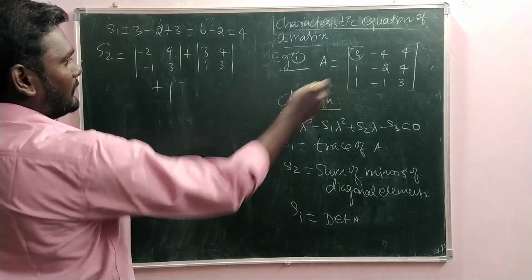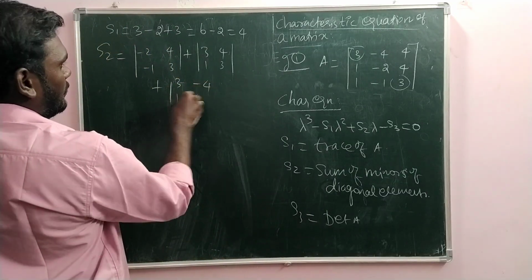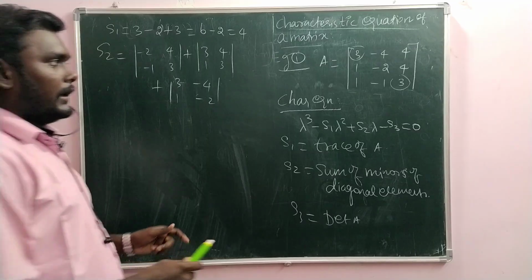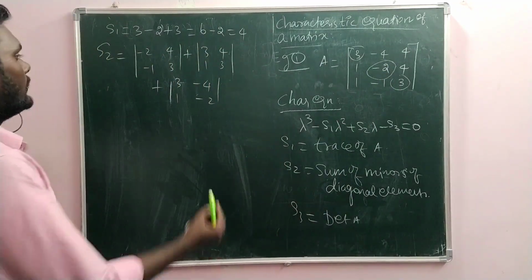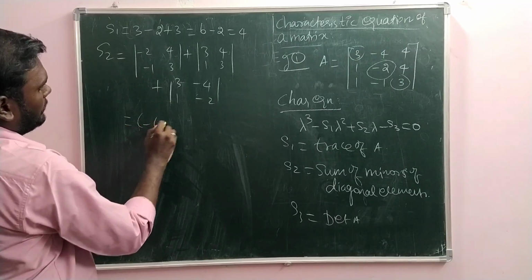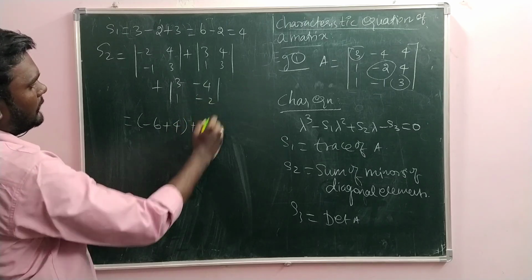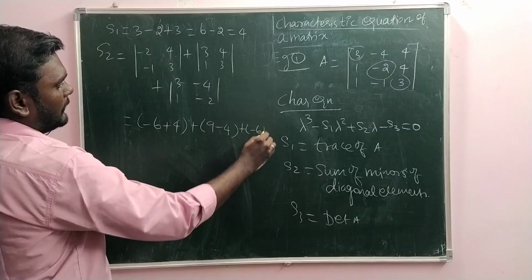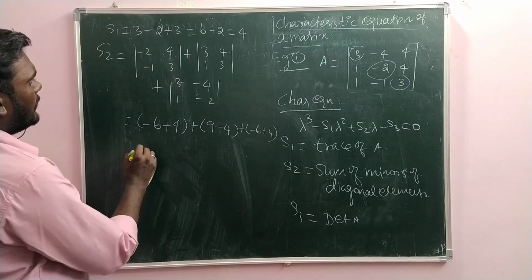For the last diagonal element, that means for this 3, this is 3 minus 4, 1 minus 2. Do you have any doubts on this? So I wrote the minors of these diagonal elements and I added those things. Now this is minus 6 plus 4 and plus 9 minus 4, plus minus 6 plus 4 again.